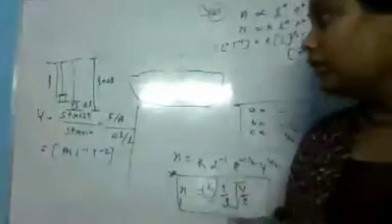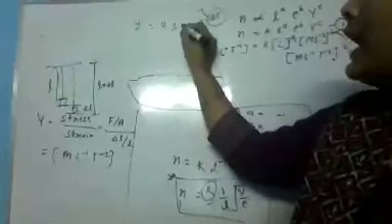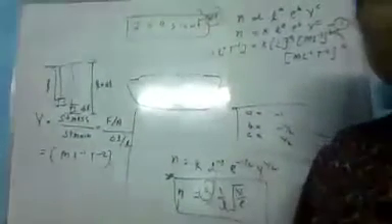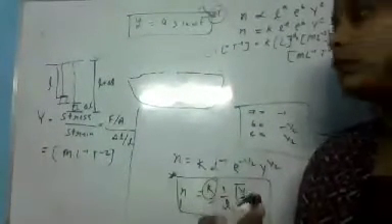Okay. So suppose y equals a sin omega t, right? This is the SHM equation, simple harmonic motion. There is a unit in your book, simple harmonic motion. We will go through it.